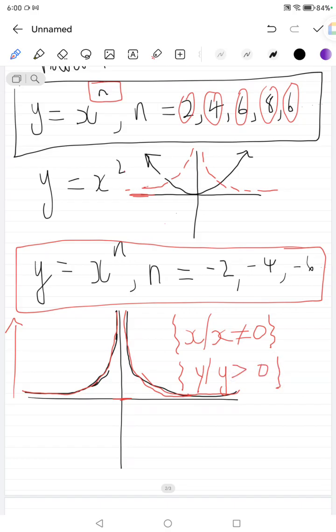Then if you were required to write this in interval notation, you're going to have something that starts from 0, which is this side, going up to positive infinity.